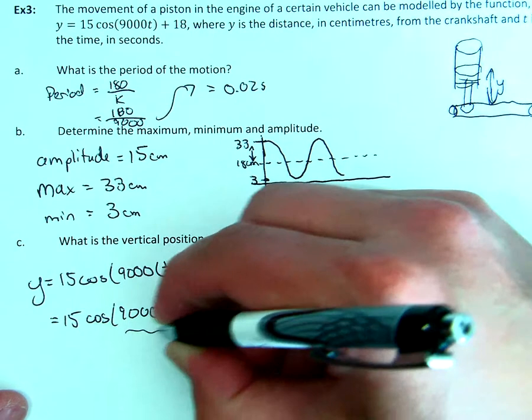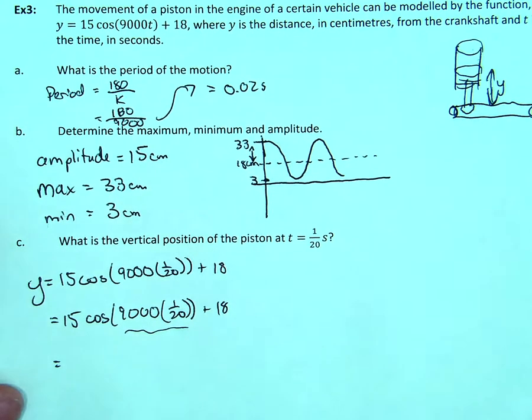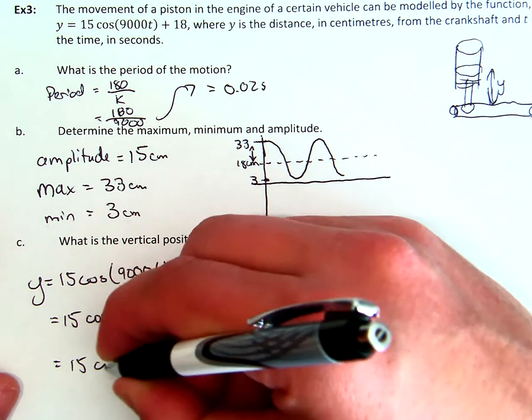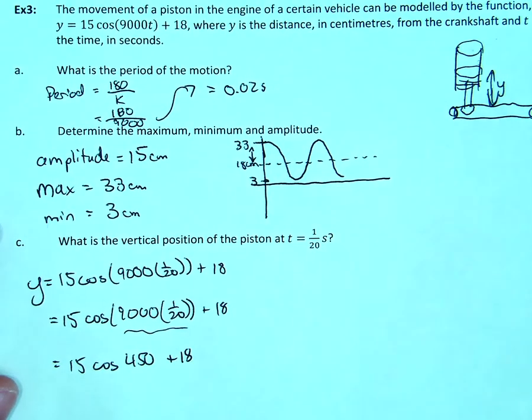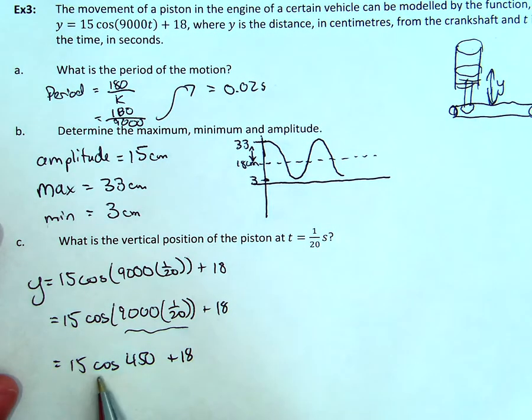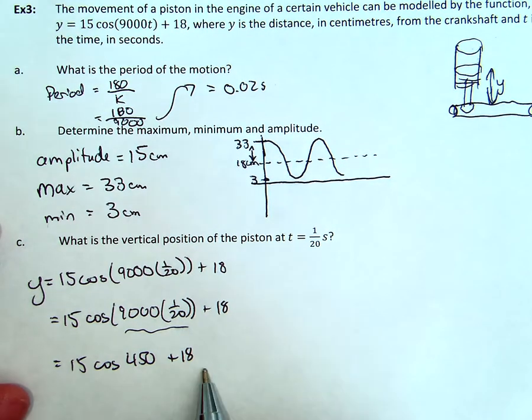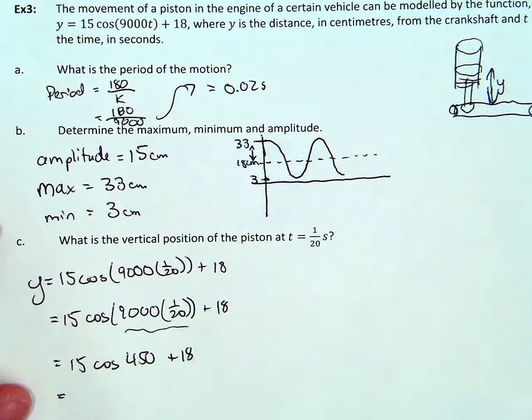I'm going to work this part out first, is what I'm saying. 9,000 divided by 20 is 450, so it'll be 15 cos 450 plus 18. Then I'm going to work all of that out. So 15 times cos 450 plus 18.